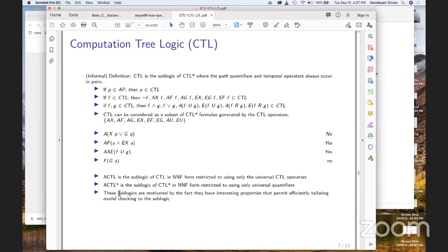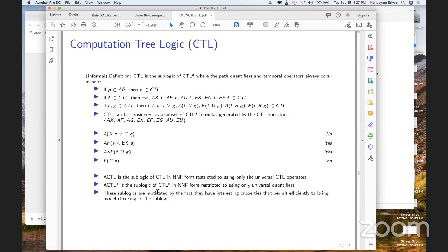Don't fuss too much. Why do we define these sublogics? These sublogics are motivated for several reasons, by the fact that they, as a class of formulas, have certain interesting properties. But more importantly for us, studying model checking, they permit efficiently tailoring the model checking algorithm to suit that sublogic.